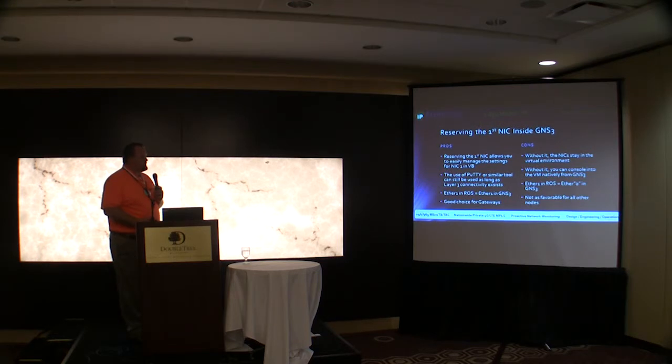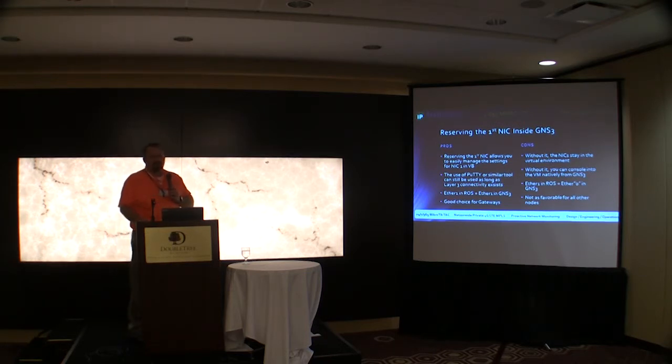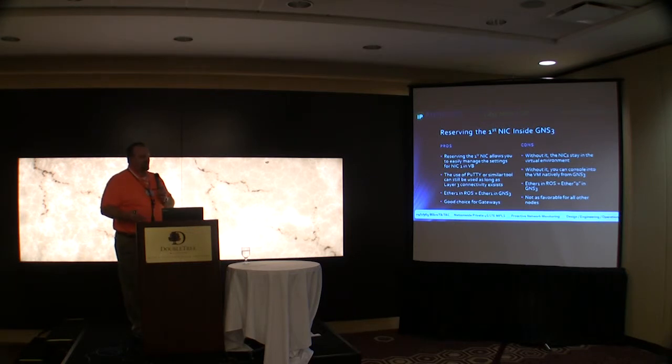The next thing to be aware of is reserving the first NIC changes the way the Ethernet interfaces are numbered. In GNS3, we start numbering with Ether 0, so Ether 0 would equate to Ether 1 in RouterOS. If we reserve the first NIC, then Ether 1 equates to Ether 1, and that can be handy and reduce some confusion.